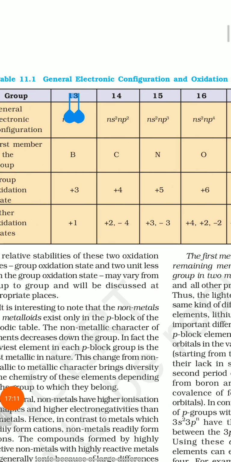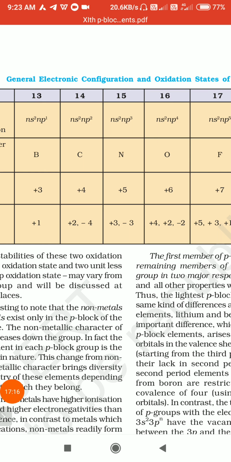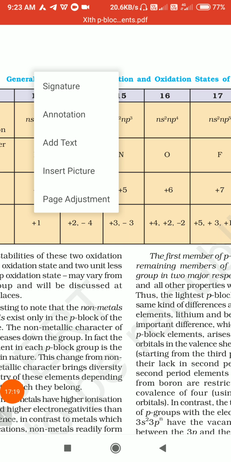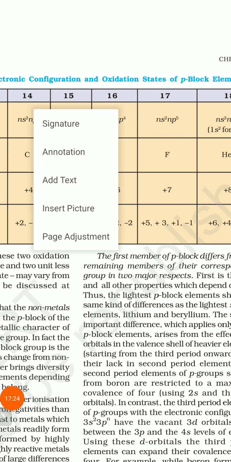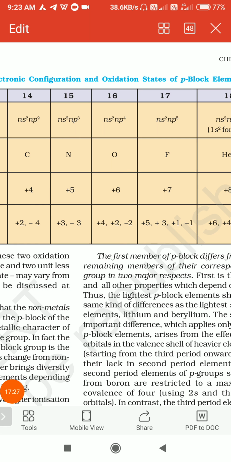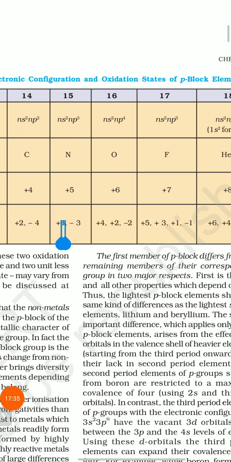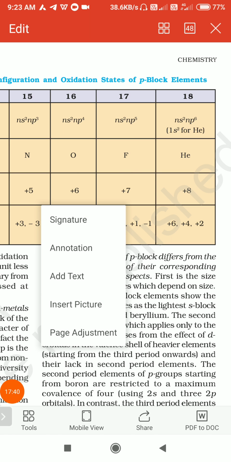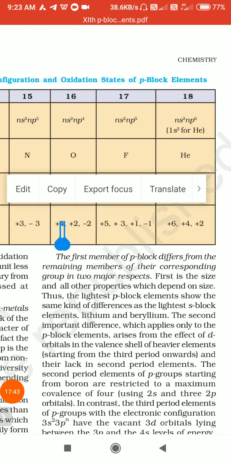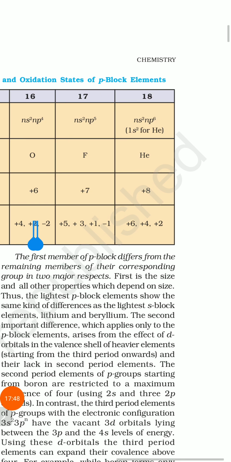The 14th group element has common oxidation state plus 4; sometimes they show plus 2 and minus 4 also. The 15th group elements show plus 5 as the common oxidation state, and also plus 3 and minus 3. The 16th group elements: common oxidation state plus 6, also plus 4, plus 2, and minus 2.